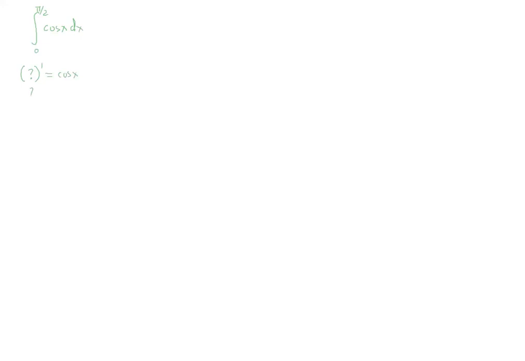And the answer is going to be sine x. And this is going to be sine x from 0 to pi over 2, according to the new notation that we introduced, which is going to be sine of pi over 2 minus sine of 0, which is 1 minus 0, which is 1.